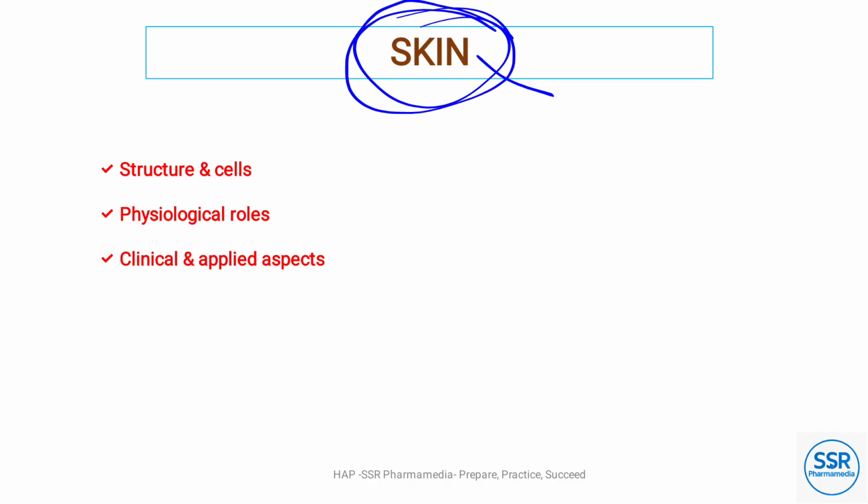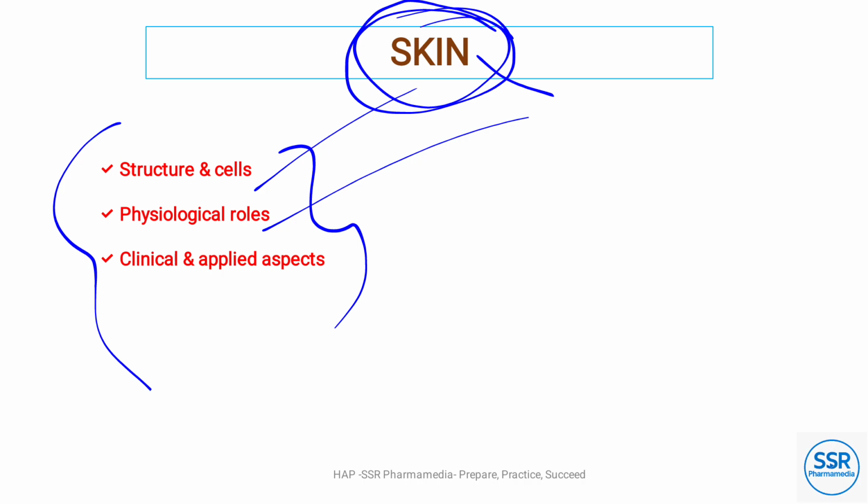So skin is one type of organ, coming under the sense organs, and it is the largest organ of the body. We are going to discuss MCQs under three topics: structure and cells, physiological roles, and clinical and applied aspects.